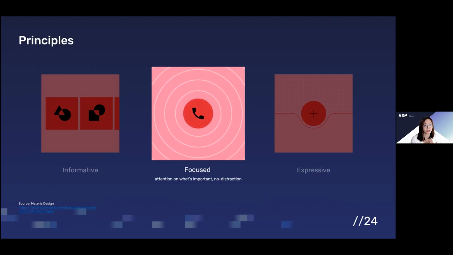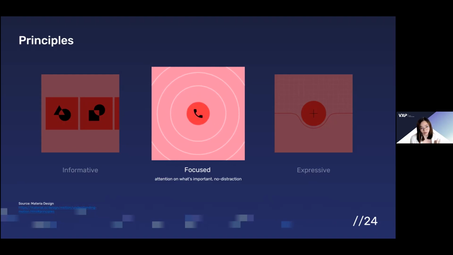So motion focuses attention on what's important without creating unnecessary distraction. Think about this: when you hold your phone and you get a phone call, your whole screen is animated for your phone call without showing other applications, because they want you to focus on the incoming call.